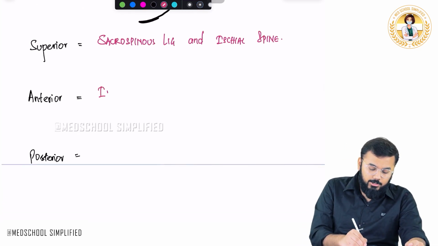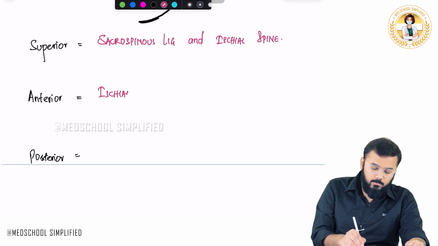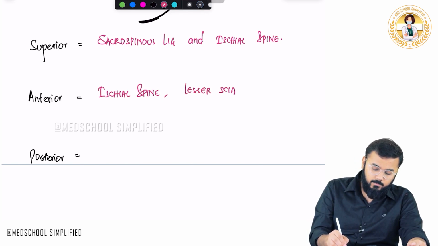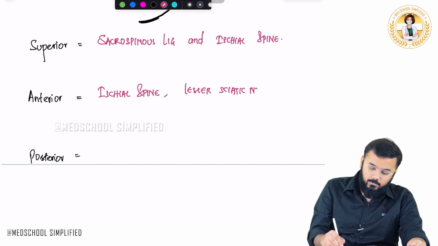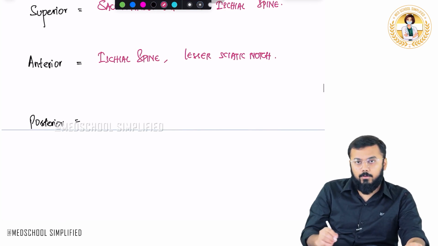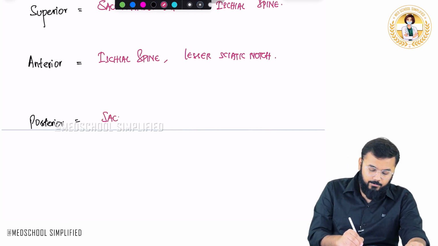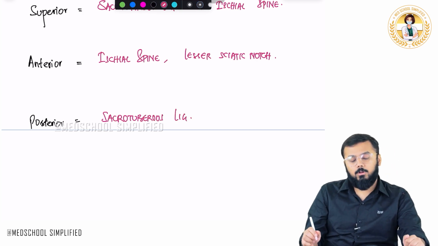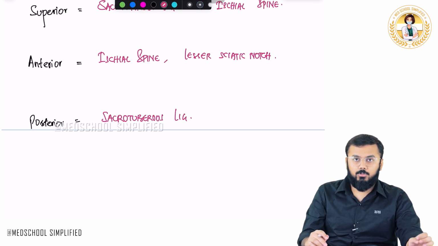Anteriorly, you have the ischial spine and the lesser sciatic notch. And posteriorly, what do you have? You have the sacrotuberous ligament. So these are the borders.